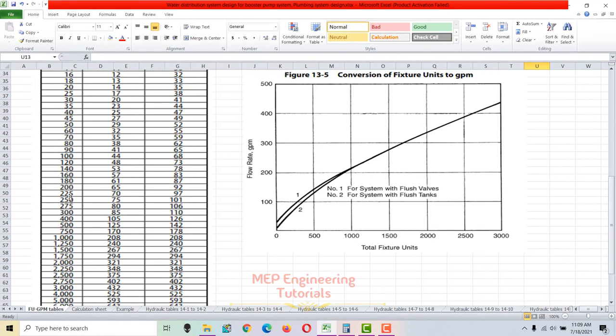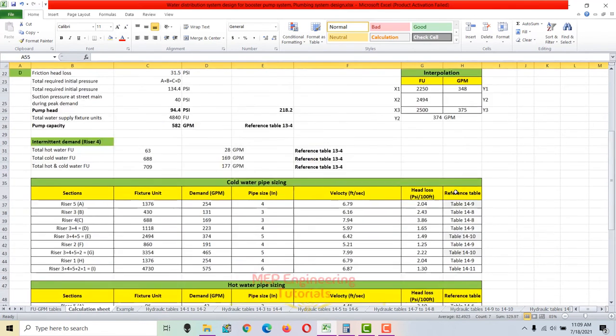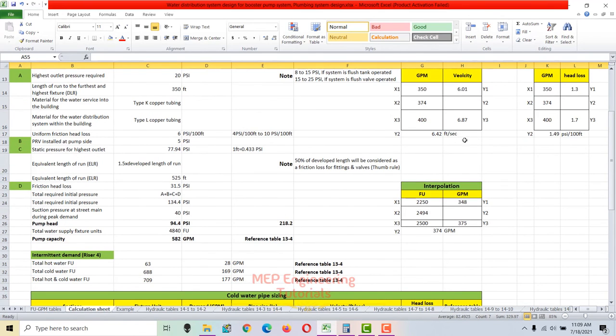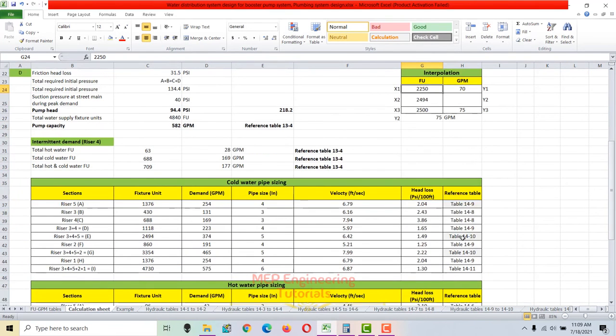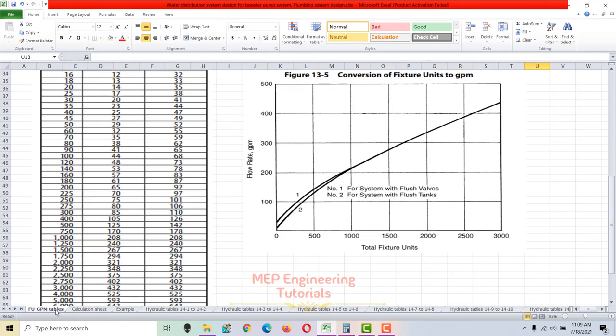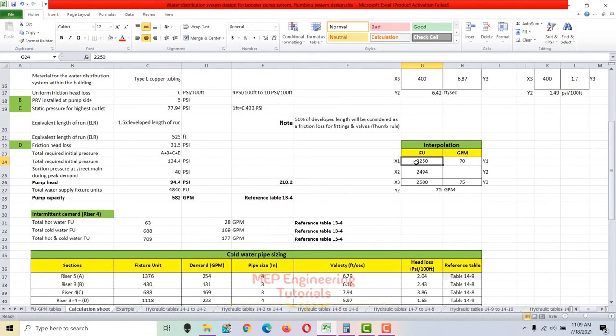So we have 225 and 250, that is 70 and 75 GPM. At 225 we have 70 GPM, at 250 we have 75 GPM.